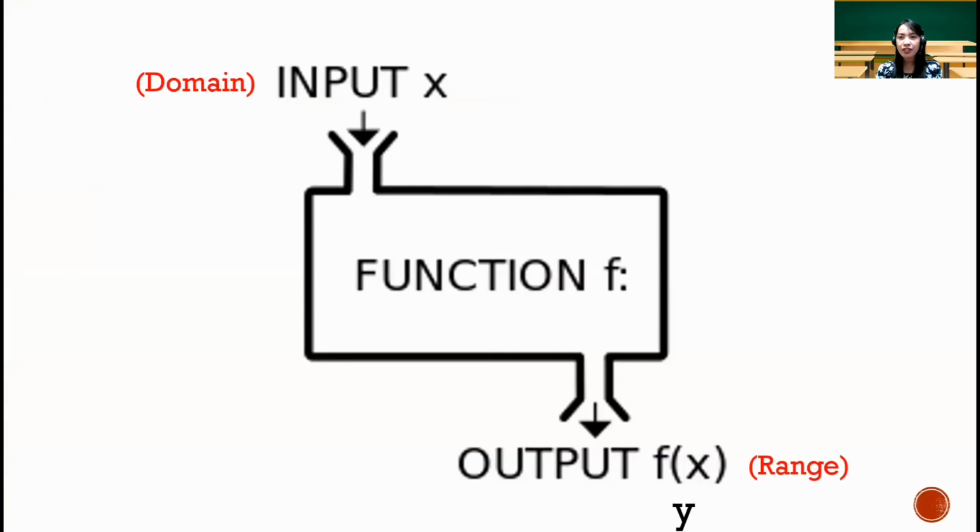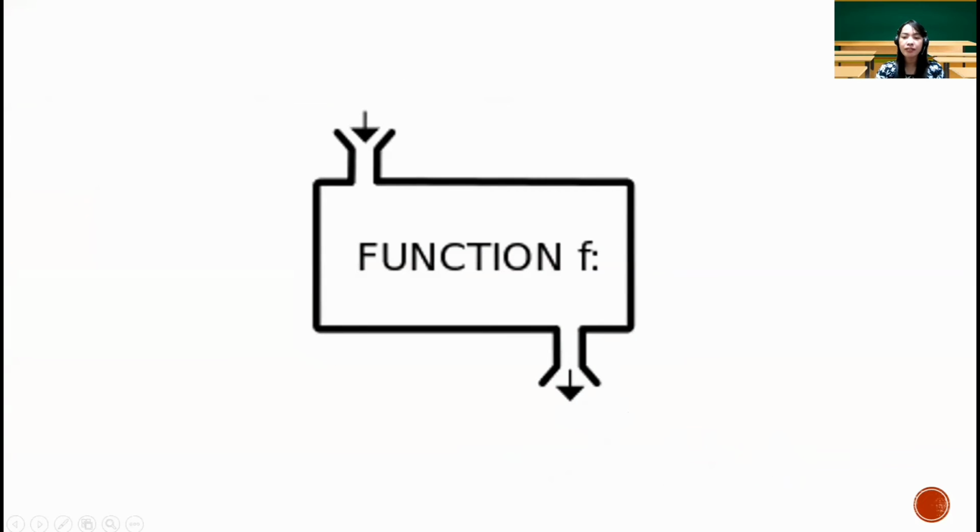In this figure, there is a process wherein all the values of x or domain are considered as our input, and that input will be processed through a machine, which is the function f, and from that, the output, which is considered as the range or all the values of f of x or y. Let's have this example.